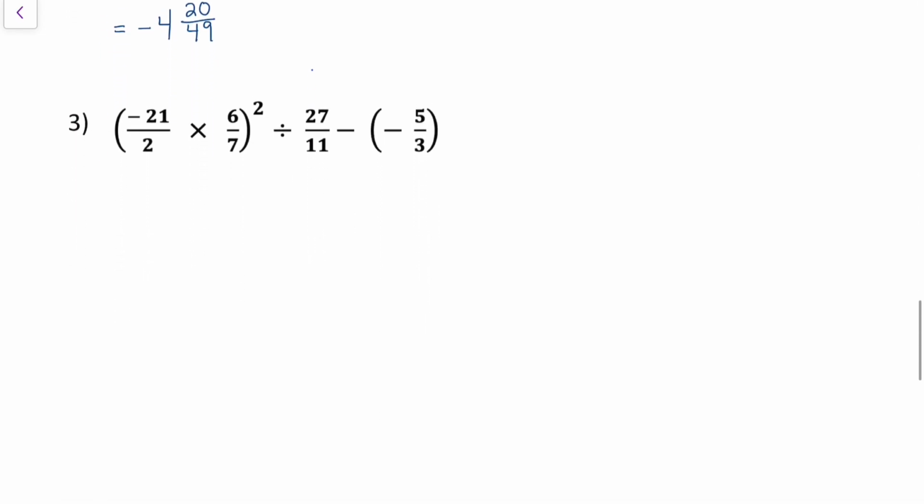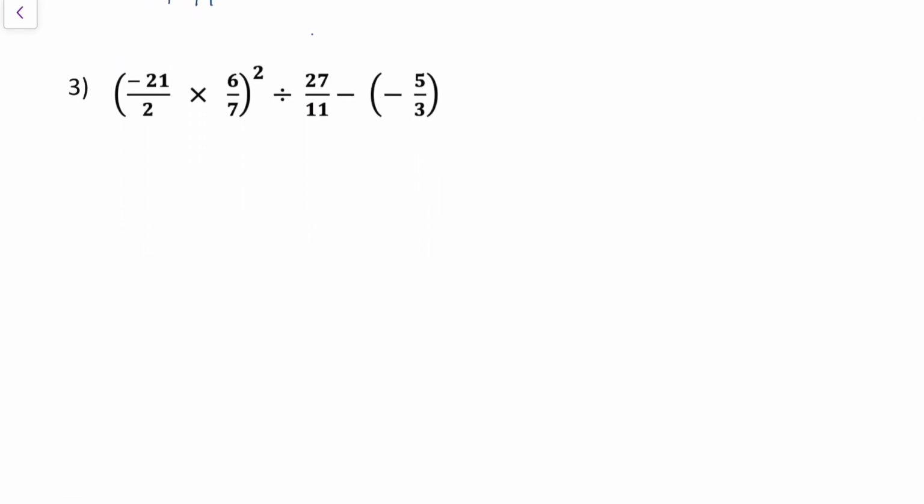Okay, let's put these all together in a big one here. So I have brackets, so I need to do that first. Then I can do my exponents, and then my division, and then my subtraction. So let's do the multiplication inside of the brackets here first. Again, we can do this on our calculator using our ABC button. And we get -9.